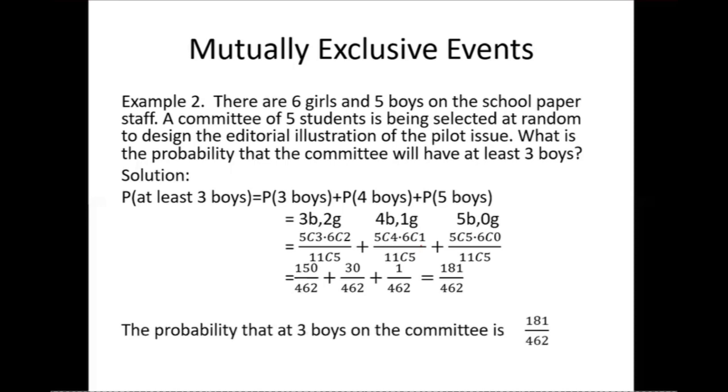Pwede rin naman natin kuhanin to sa percent. Tingnan natin. So 181 divided by 462. Pwede natin i-check yan sa percent. Ang gagawin mo lang dyan, i-divide mo lang siya. Divide mo lang 181 divided by 462.